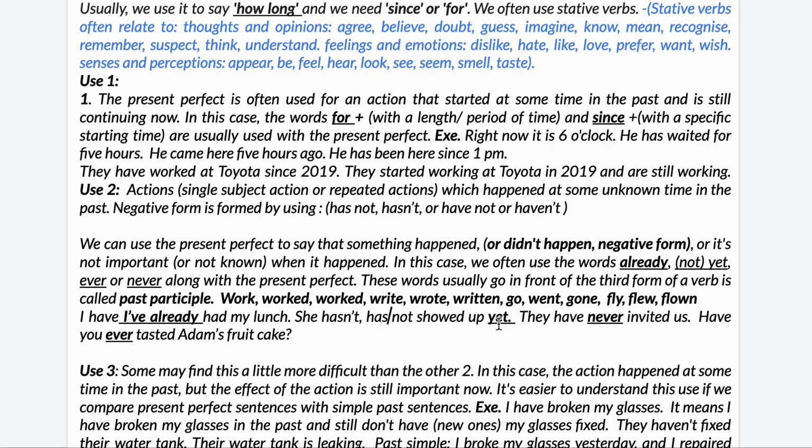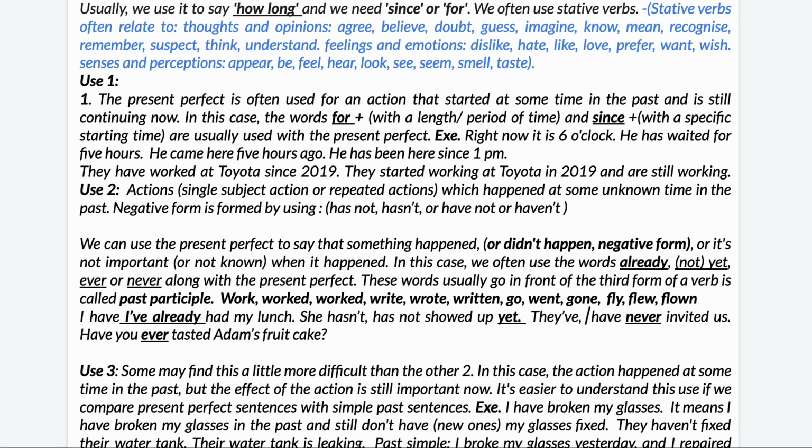It means that to this very moment we haven't seen her. We don't know if she's coming or not. She hasn't showed up yet. The third example says they have never invited us. With this we can use a short form or contraction form. They have never invited us.